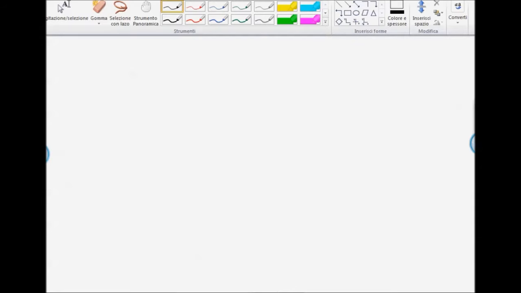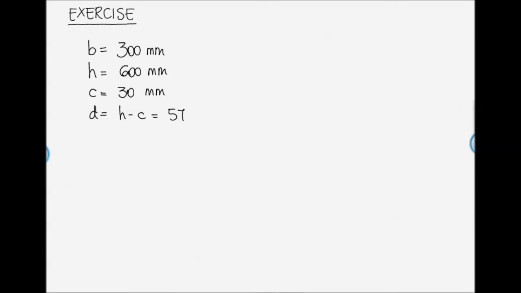But let's now make another exercise on a reinforced concrete cross-section subjected to bending with axial force. The geometric characteristics of the cross-section, which is rectangular, are the following. So the base is 300 millimeters. The height is 600 millimeters. The concrete cover for both the reinforcements is equal to 30 millimeters. Therefore, D is equal to 570 millimeters.